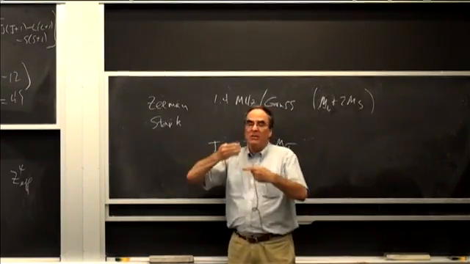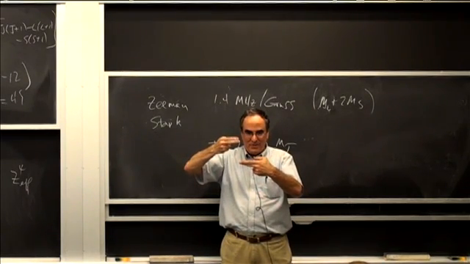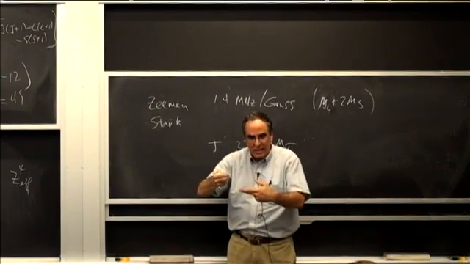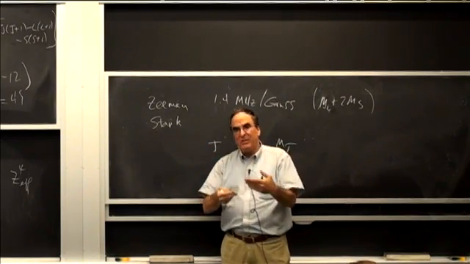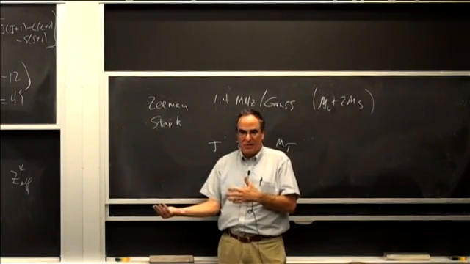But the Stark effect is always off-diagonal in spin orbit components. In fact, it's always off-diagonal in electronic states because you have to change little l, so you have to go between an even configuration and an odd configuration.